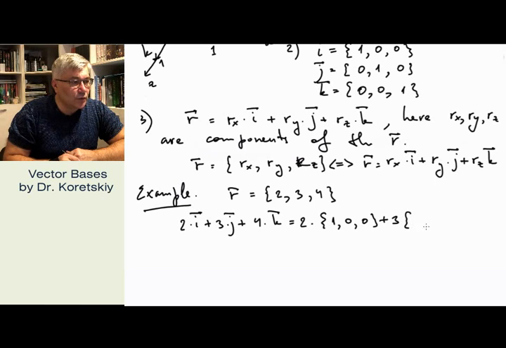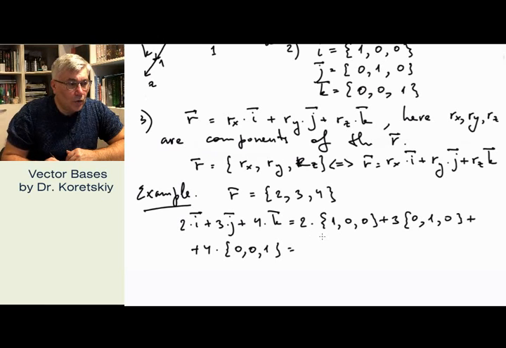substitute instead of i, j, k their component view, and we have 2 times (1, 0, 0) plus 3 times (0, 1, 0) plus 4 times (0, 0, 1).